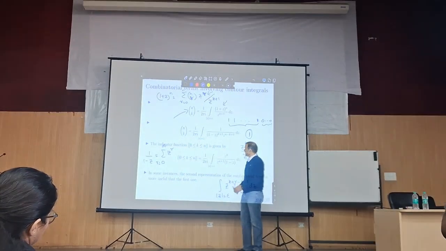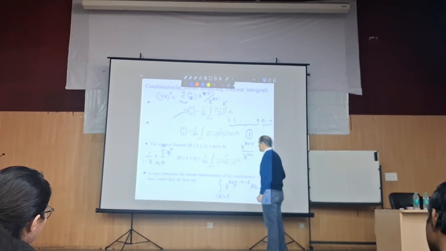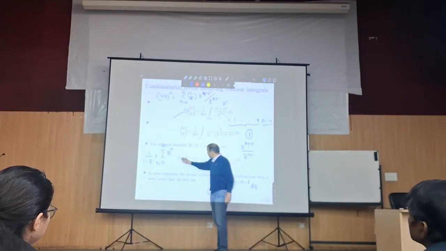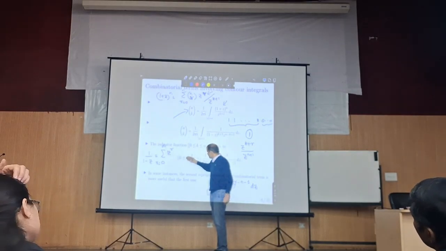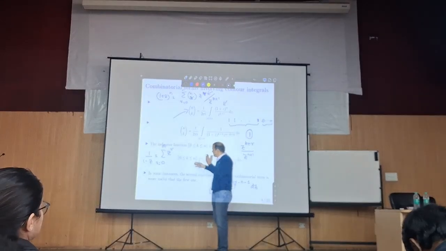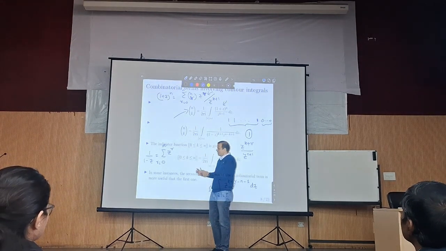So why is this useful? Because in some instances you want to focus your sum to be between 0 and n, but it's better to treat the sum as from 0 to infinity. Why?